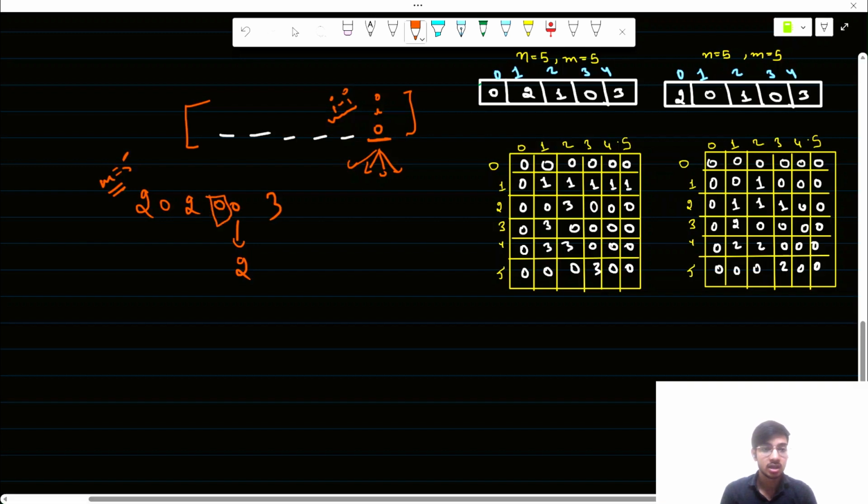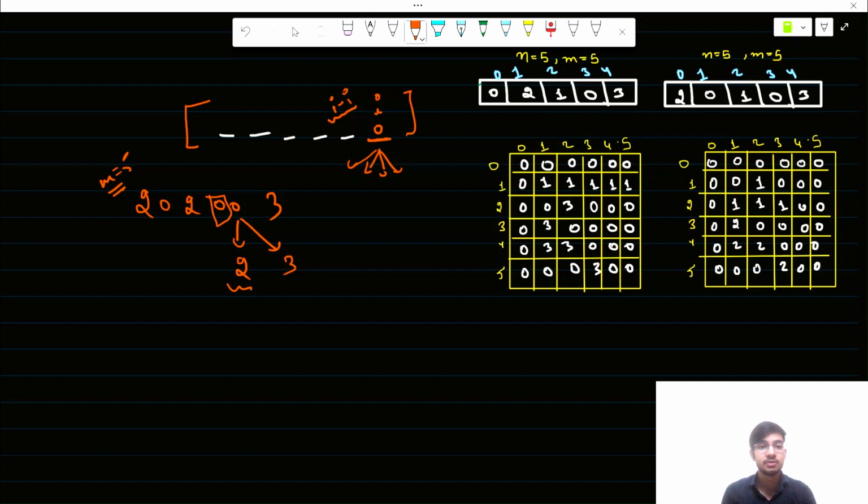So what are the choices for this? If you filled it with 2, you can fill the previous with 1, 2, or 3. Now if you filled it with 3, the choices change, right? You can take 2, 3, or 4, right?